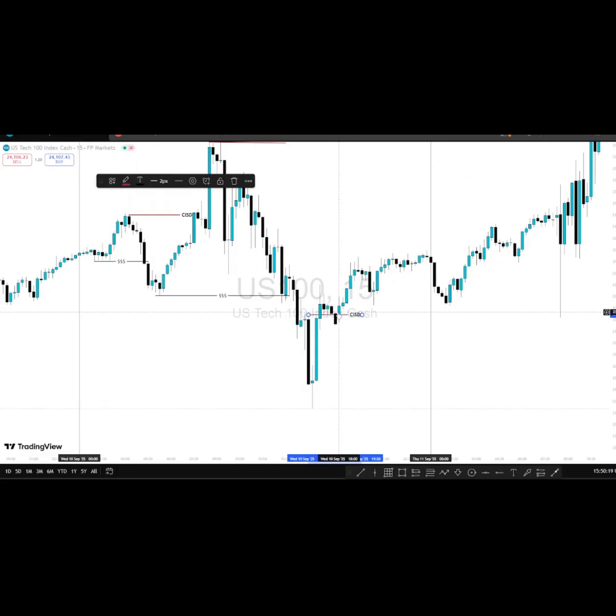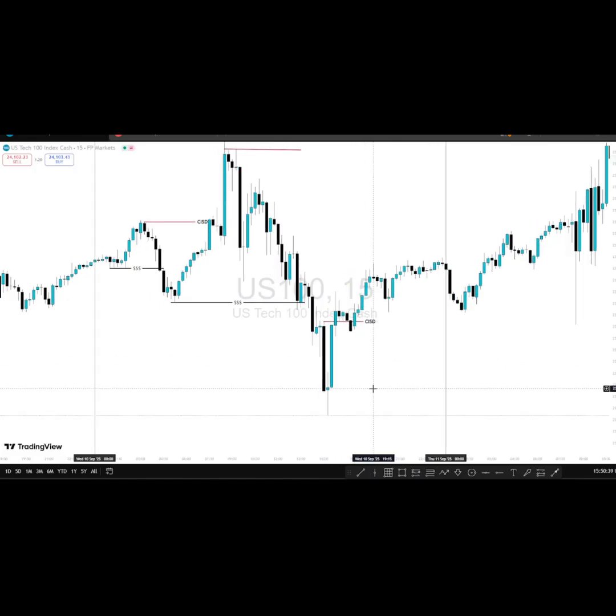So as soon as I have a change in state of delivery, what do I want to see? I want to see price retrace lower and then break that retracement leg, and then now I can take my entries freely without any fear that we can retrace lower than that, because once we break the retracement leg, I am sure that price is ready to leave that zone and we can trade higher.